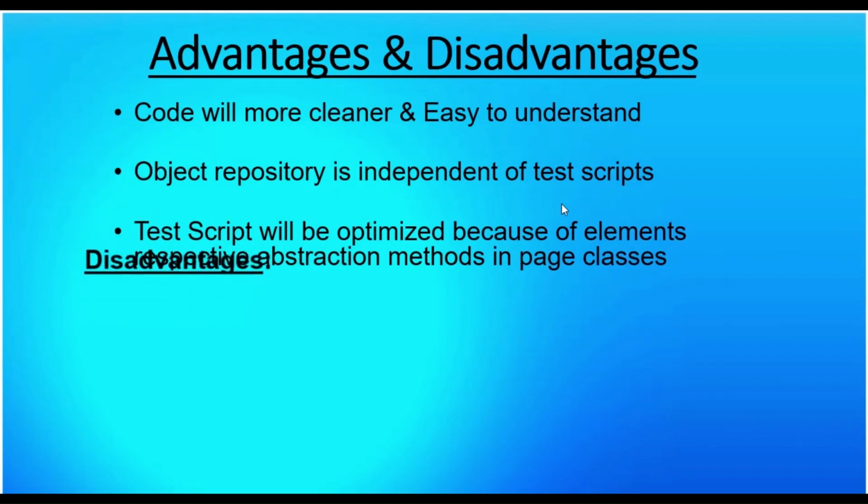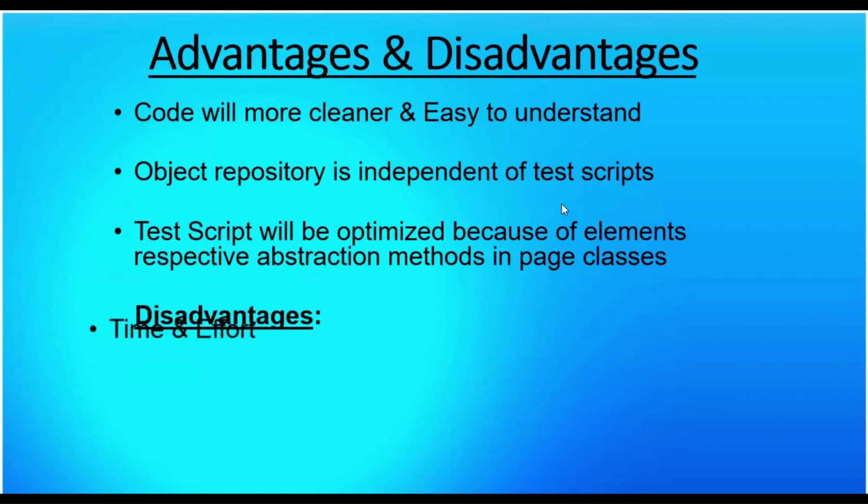So let's discuss what are the disadvantages of using the page object model. First one is time and effort. We will be spending a lot of time creating the page object model page classes, because you will have to identify the web page elements and you need to implement the abstraction methods which will perform the action on that particular page.